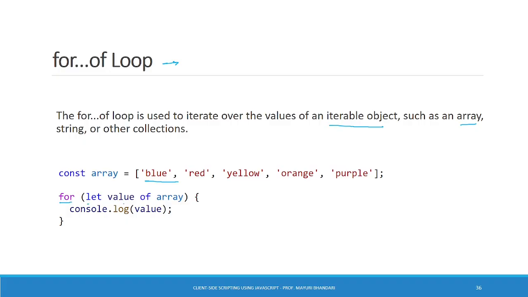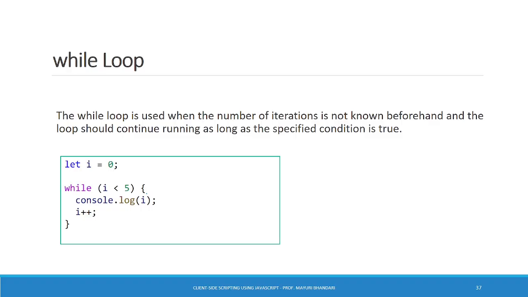For let value of array name, and in value you will get values one by one from this array. So basically in JavaScript we have three variations of for loop: simple for loop, for in loop and for of loop.